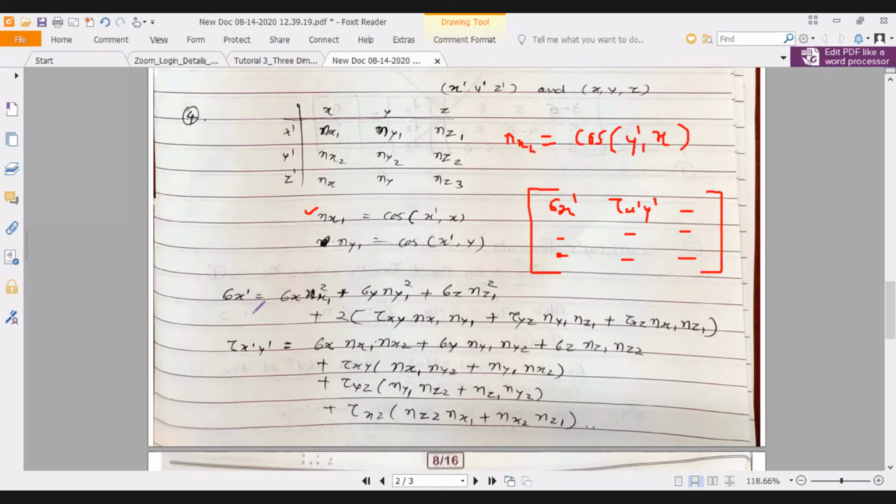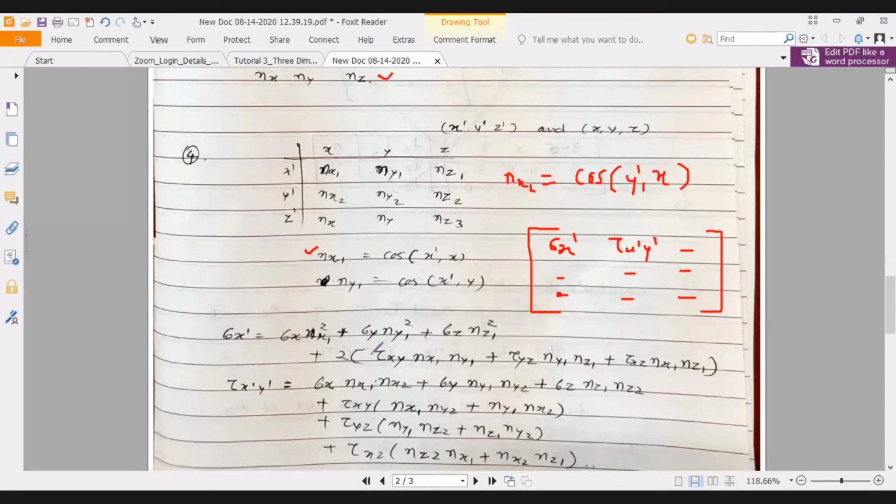So if you know these two relations, then you can easily write other similar equations. Try to understand these relations carefully. The different terms in these equations are the stress components of your original coordinate system and the direction quotients from this table only.